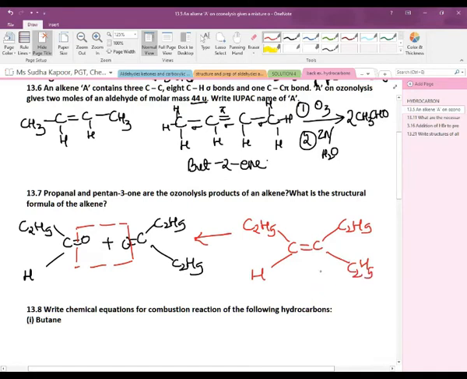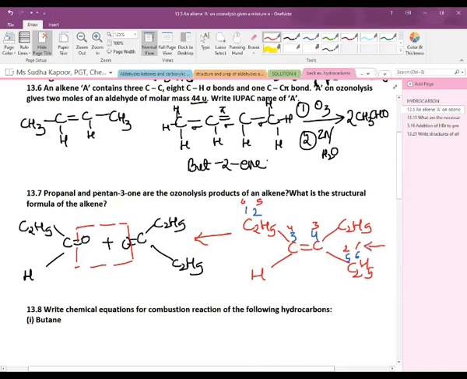So what is the product going to be? It is going to be 3-ethyl. The numbering is 1, 2, 3, 4, 5, 6. The 2 carbons are there. If we number it like this, then the ethyl gets the 4th position. But if we number it in the opposite manner, from this side, 1, 2, 3, 4, 5, and 6, the ethyl gets the 3rd position.